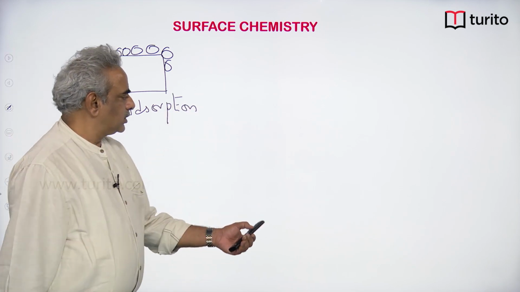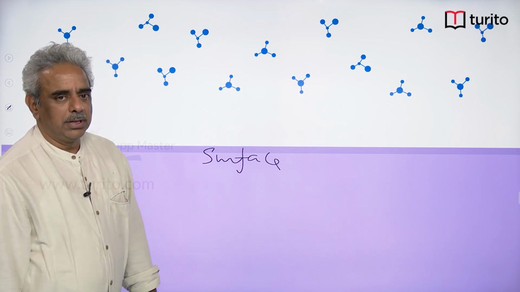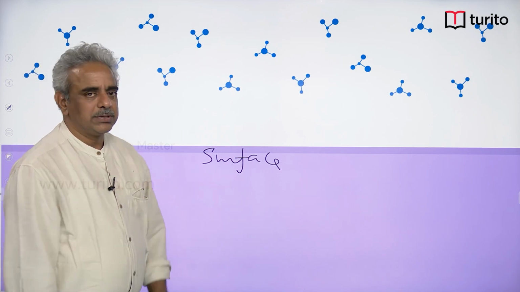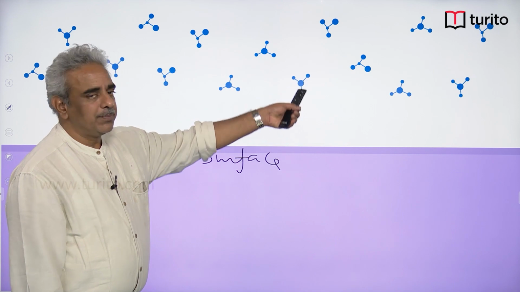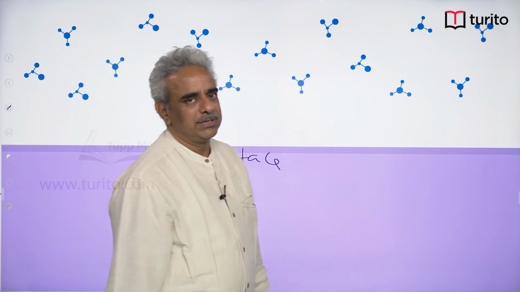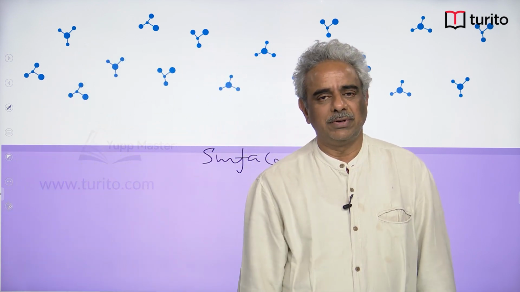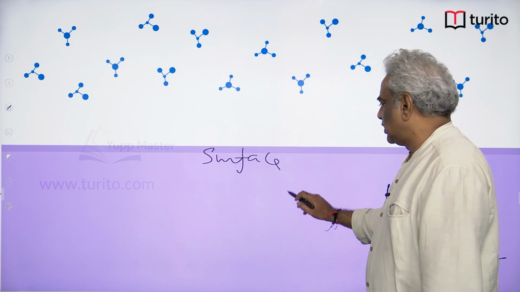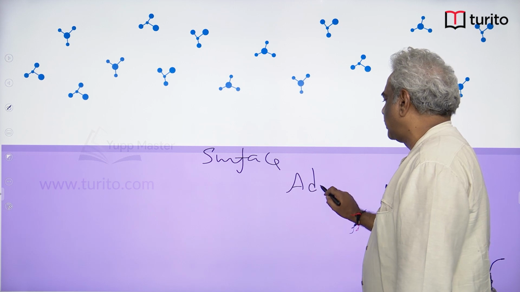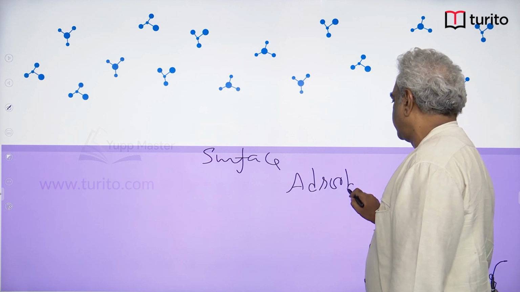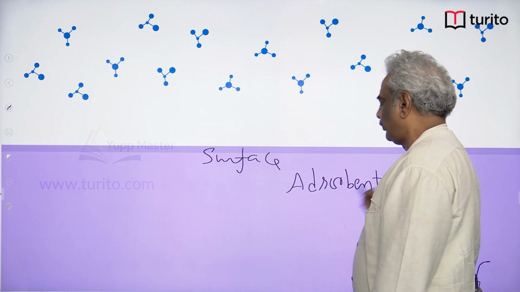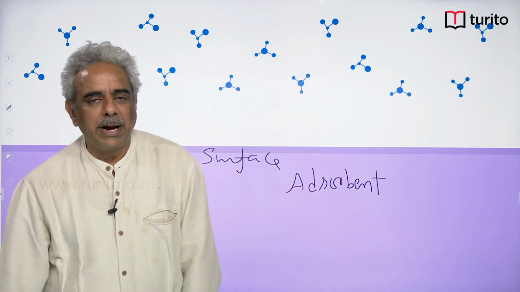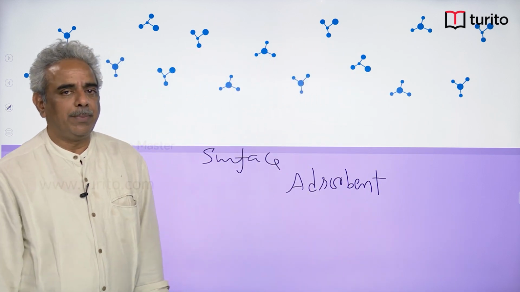And you have seen the substance which provides the surface, and the substance which is entering onto the surface, and this substance is called adsorbent. What do you mean by adsorbent?